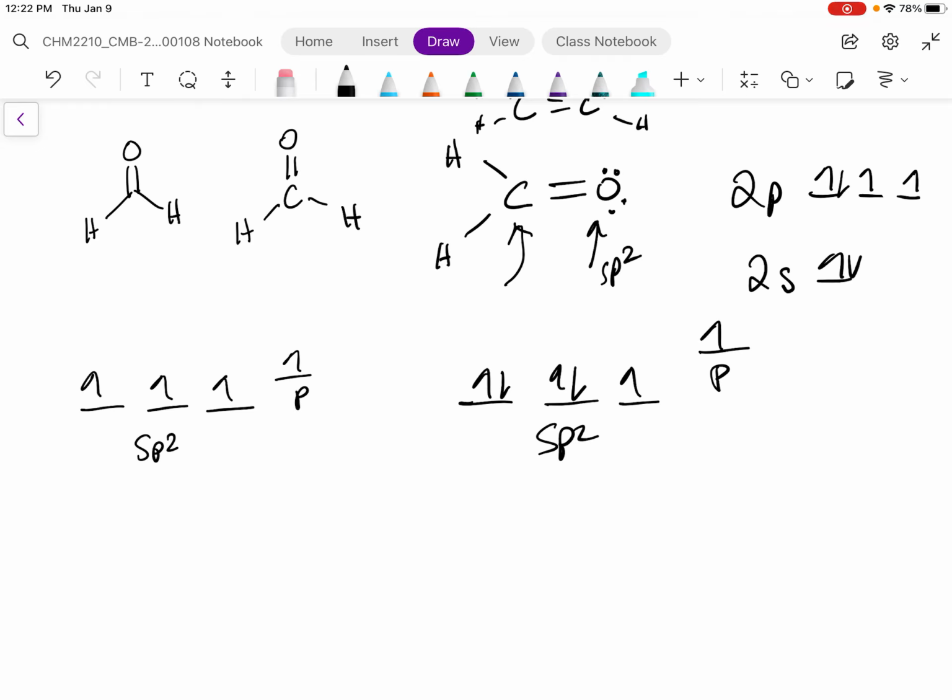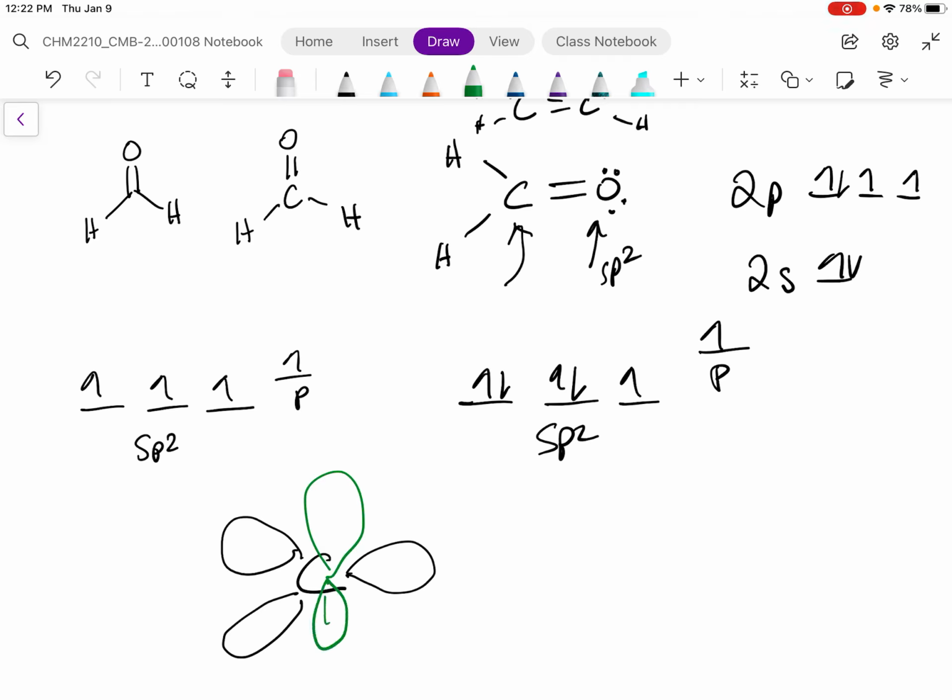So we have our carbon atom, and we said that it has what? It's sp2 hybridized, so it has an orbital there and there, right? And then it also has what? A p orbital. And we can account for those electrons. So we have 1, 2, 3, which accounts for those.